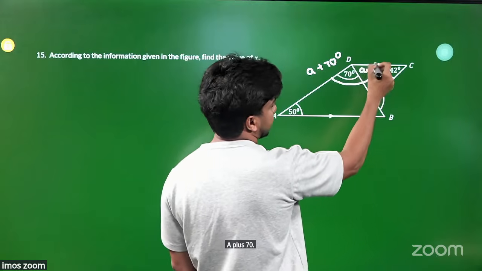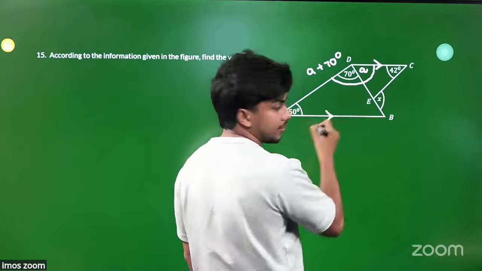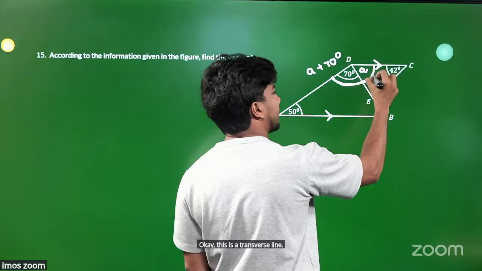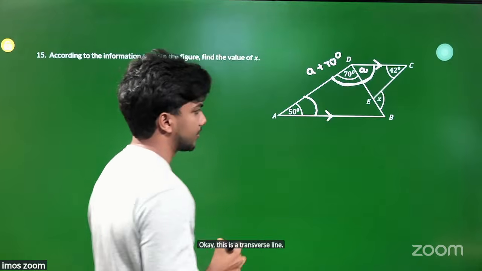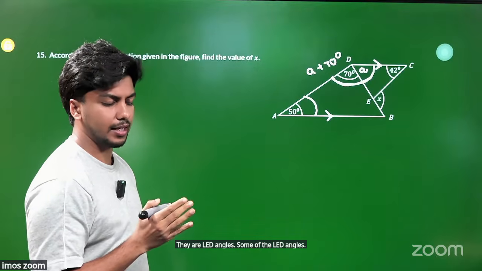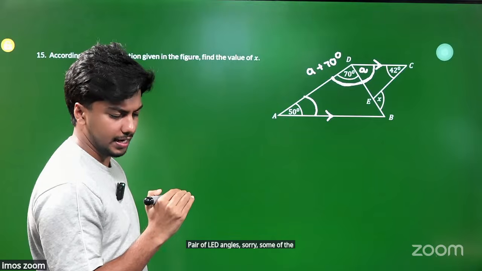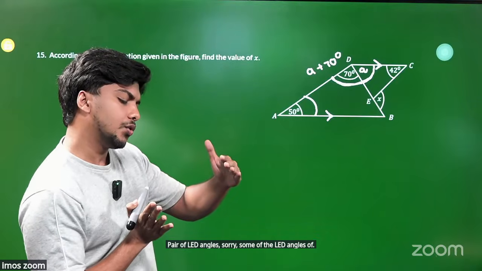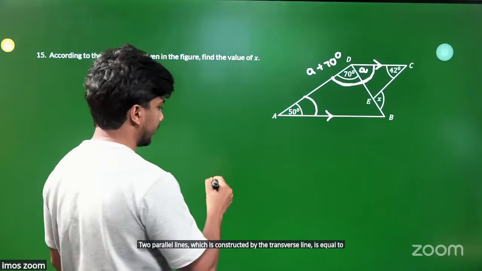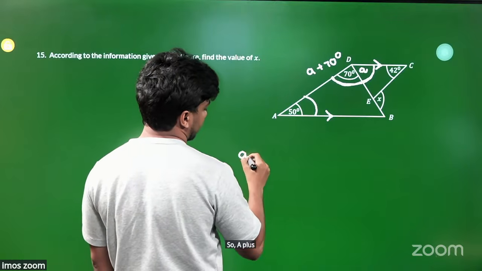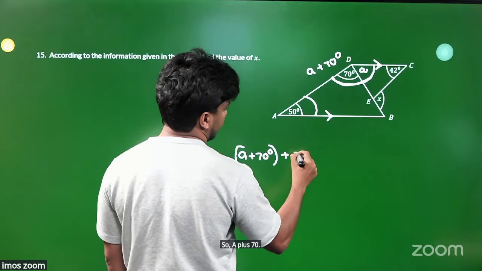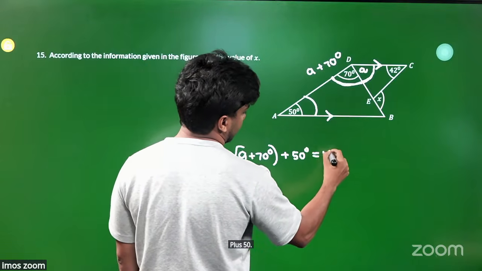Son, these two lines are parallel, aren't they? These two lines are parallel. This is a transverse line. These angles are allied angles. The sum of a pair of allied angles of two parallel lines, constructed by the transverse line, is equal to 180. So A plus 70 plus 50 should be equal to 180.